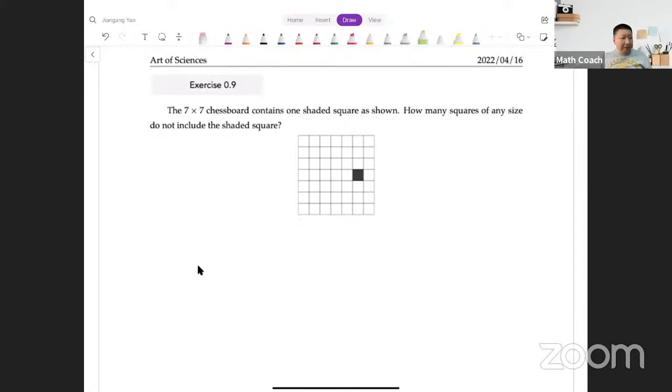Harry, related to problem 8, yes, your answer is quite close, but not exactly the same.